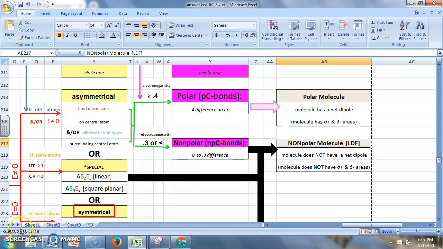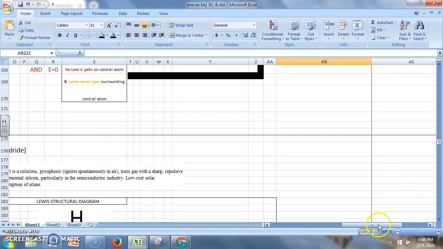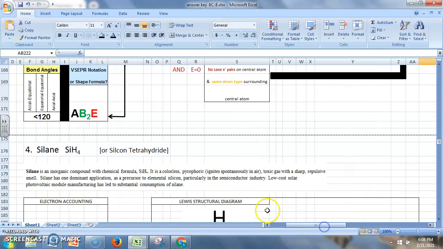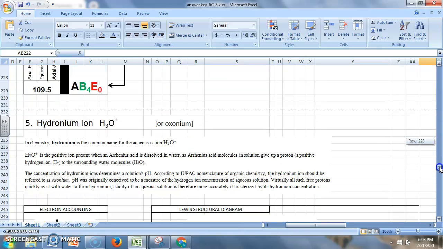We are finished with number 4. SiH4s would not stick well together. They are very weak intermolecular attractions. And if we look on right here, it is a colorless, toxic gas. Well, we know now why it's a gas. They don't stick together. Let's take a look at number 5.